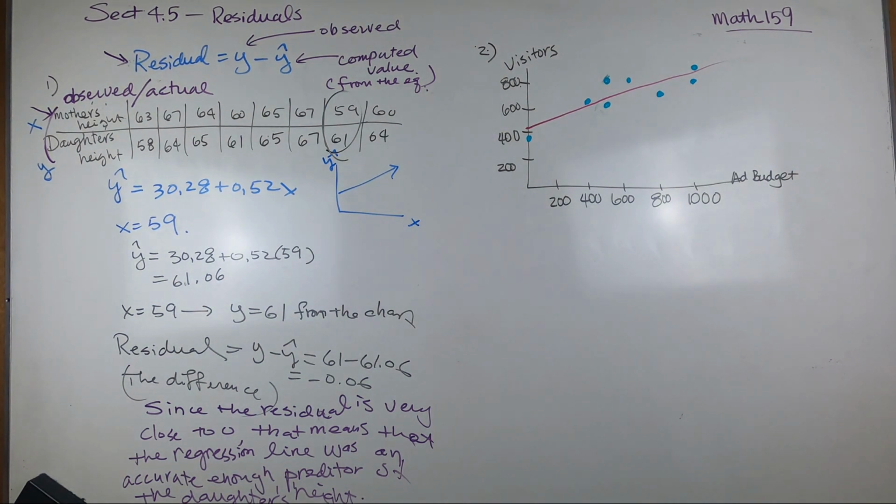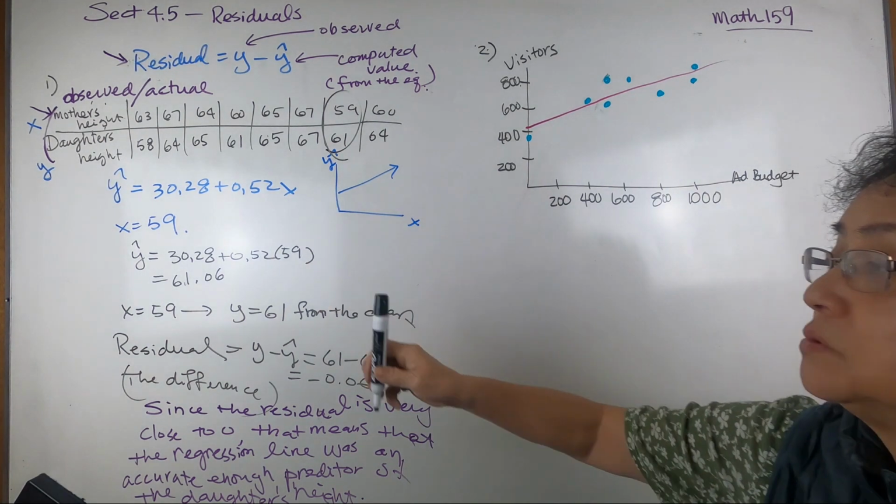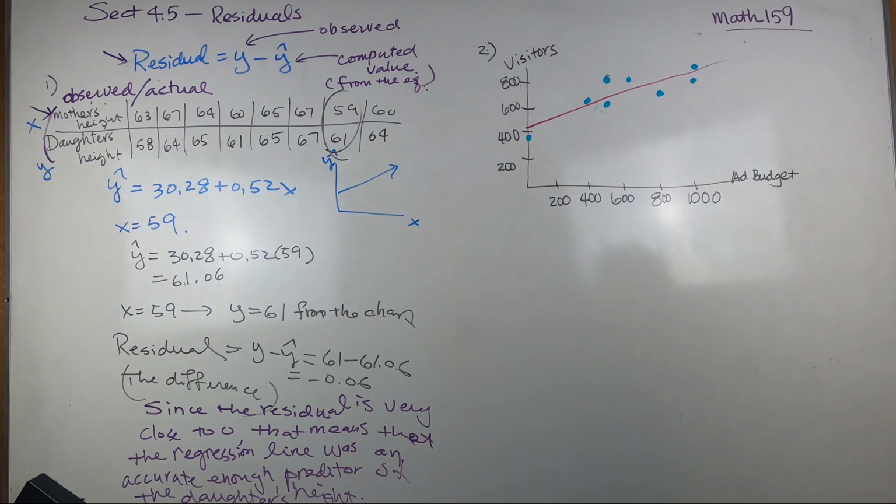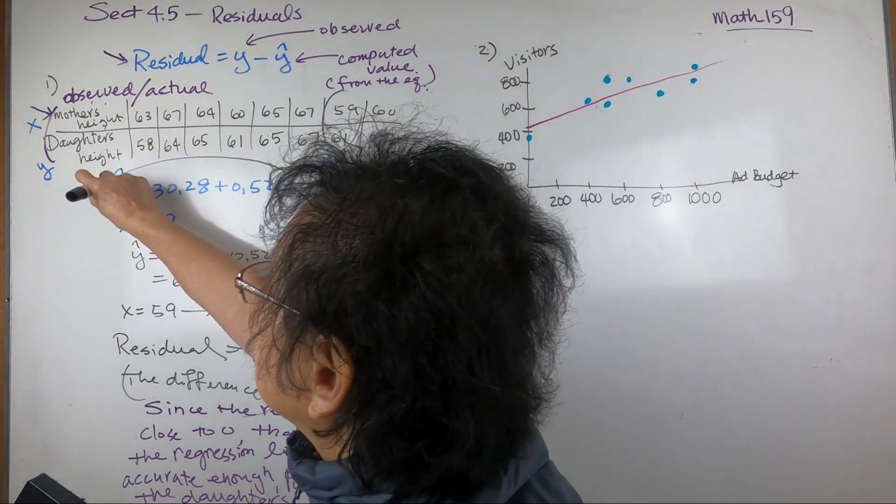Is that so? What do you think? If the actual value is close to the predicted value, that means your regression line is good enough. So we use the residual to evaluate the equation we use, to see if we want to use the formula to predict somebody's height in the future.